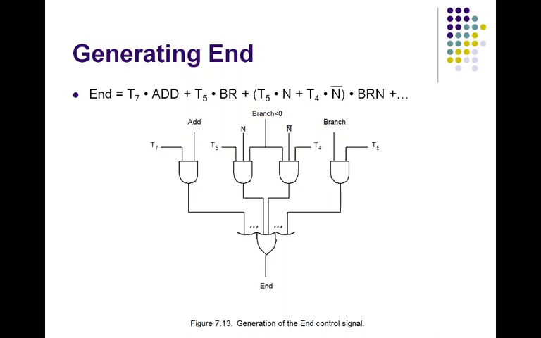The control hardware, as shown in figure 7.10 and figure 7.11, can be viewed as a state machine that changes from one state to another in every clock cycle, depending on the contents of the instruction register, that is IR, the condition codes and the external inputs. The outputs of the state machine are the control signals.